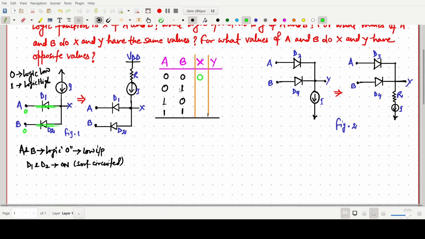Now 0 and 1, first discussing this circuit. When 0 0 it should be 0.